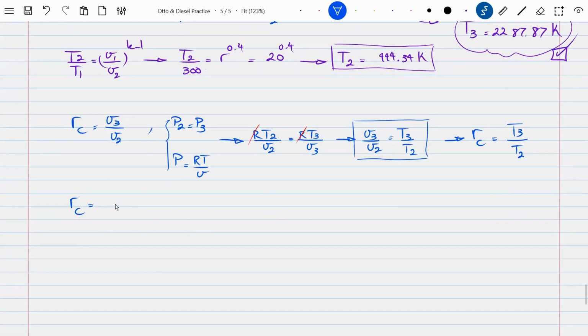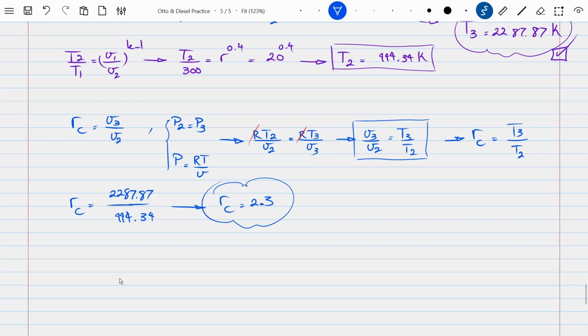Cutoff ratio is T3, we calculated it a few minutes ago, 2287.87, divided by T2, again calculated earlier, 994.34. Plug in your calculator, cutoff ratio is 2.3. So this is how you tackle a diesel engine problem.